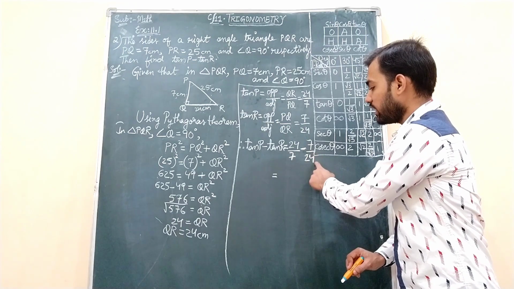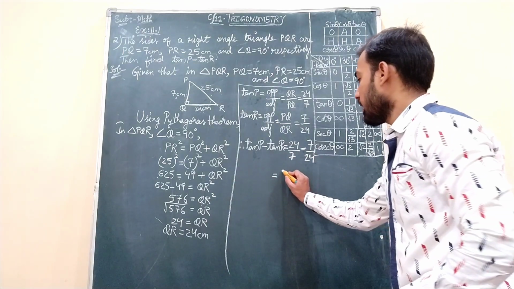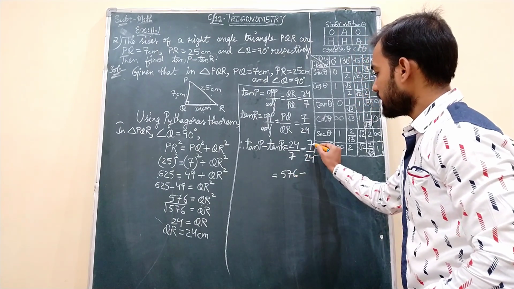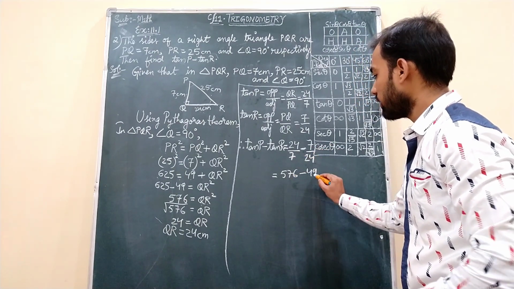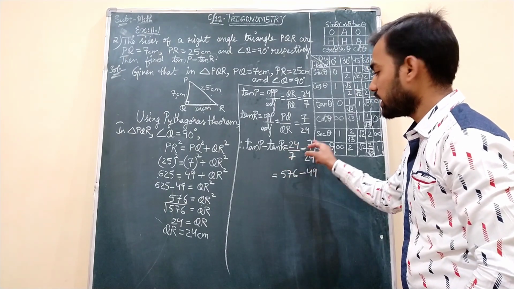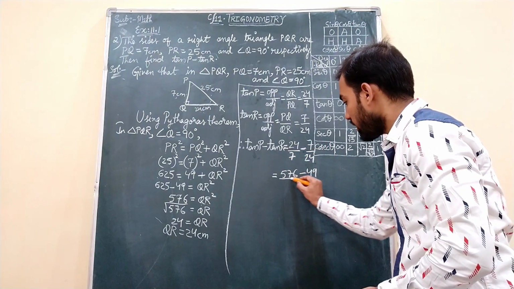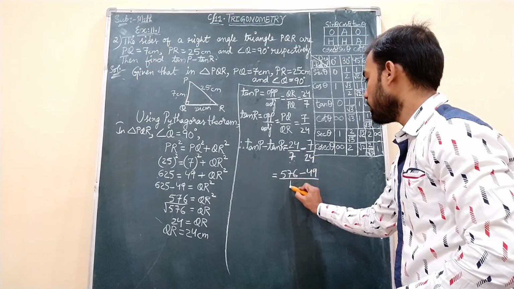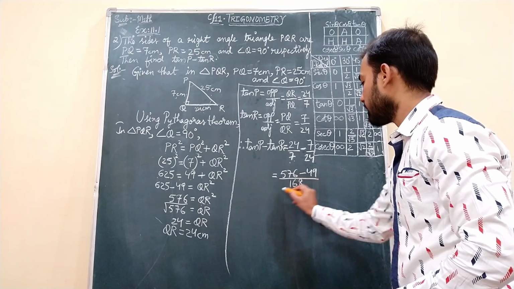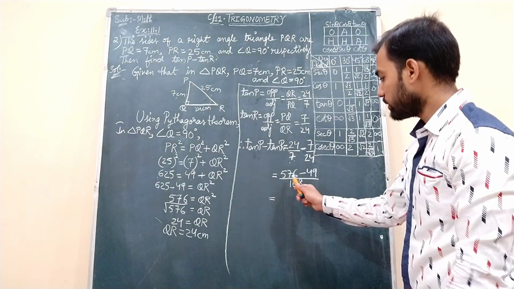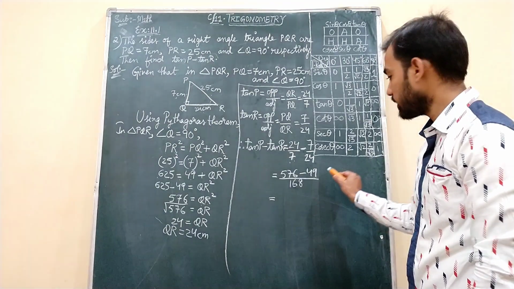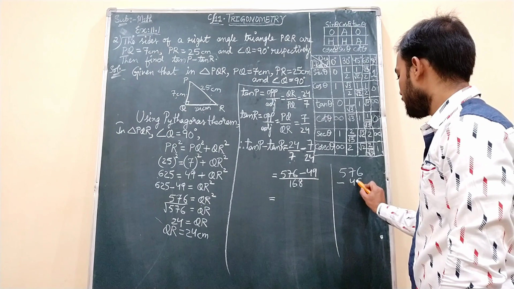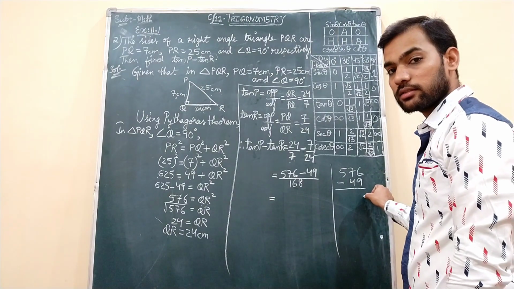Okay, so 24 into 24, just now we have seen it is 576, then comes minus, then 7 sevens are 49. What we did, we have multiplied numerators cross. Now the whole is divided by denominators, which you need to multiply directly. So 7 into 24 gives you 168. Now we will do the subtraction, 576 minus 49 in the rough column. 6 minus 9.